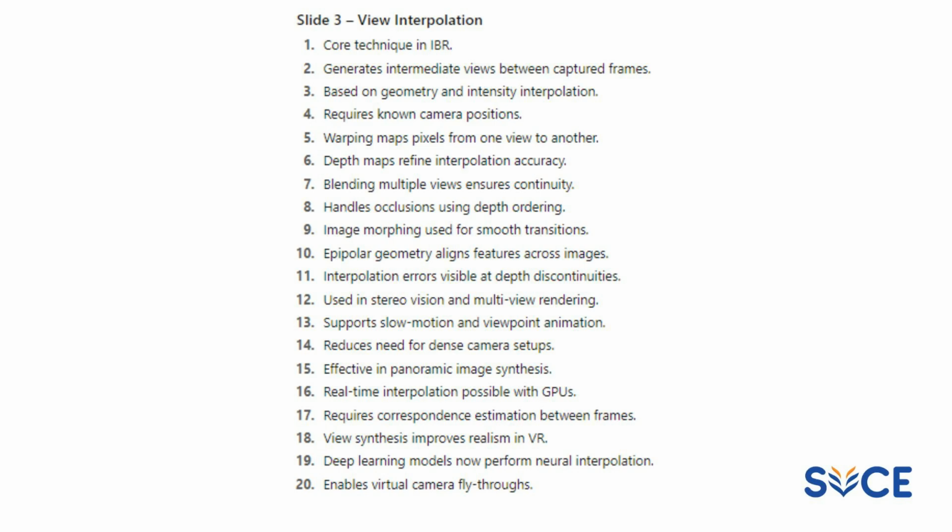Moreover, the process can be computationally intensive, especially when dealing with high resolution images or a large number of input views. To overcome these hurdles, view interpolation techniques are often combined with depth sensors that provide accurate 3D information, or advanced methods like light field rendering, which captures and uses dense angular information about light rays in a scene to generate even more realistic novel views.